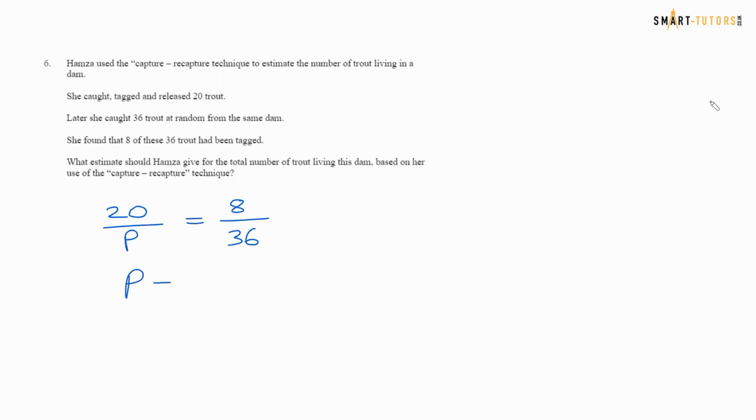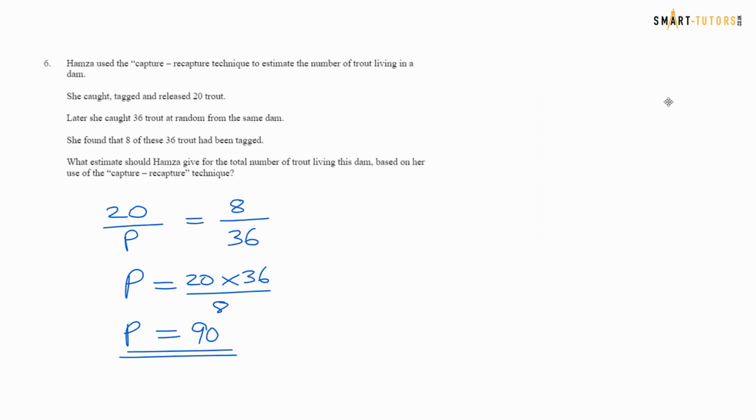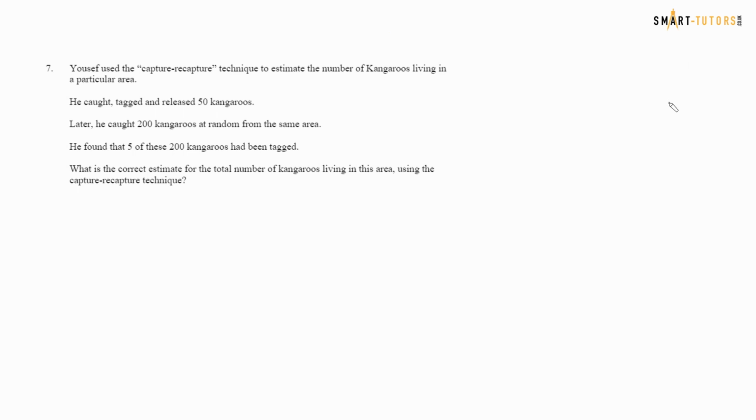So P equals 20 times 36 over 8. You can use the calculator for this one. 20 times 36 divided by 8 is 90. So P equals 90.